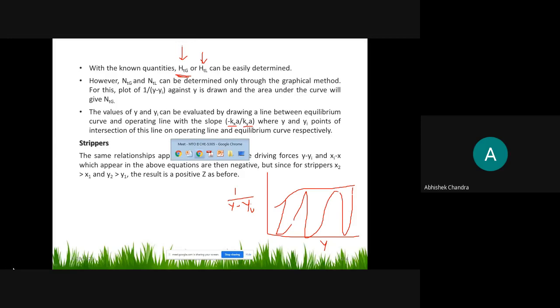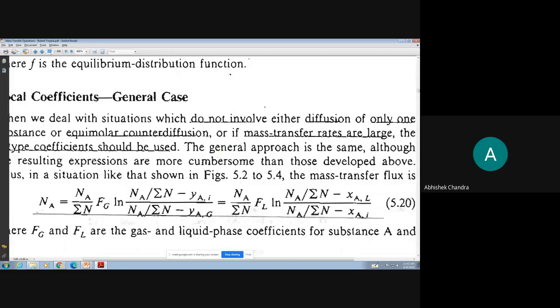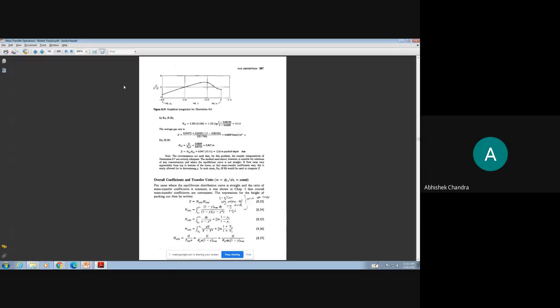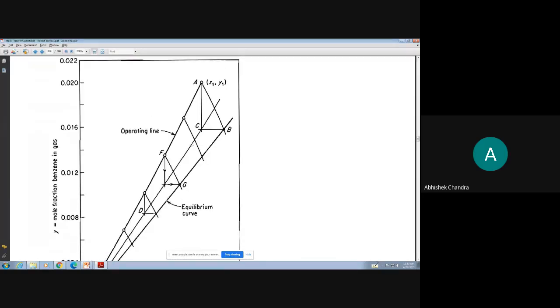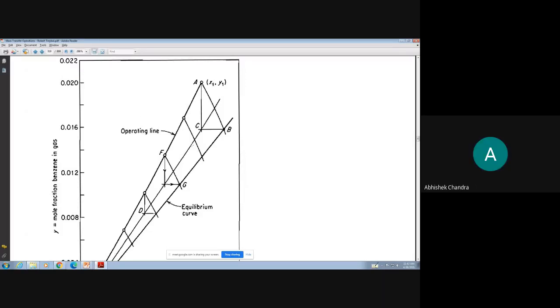So how can you find it? Here they have shown how to find out the plot. This graph is visible. This is the operating line, which you can draw through the mass balance equation.